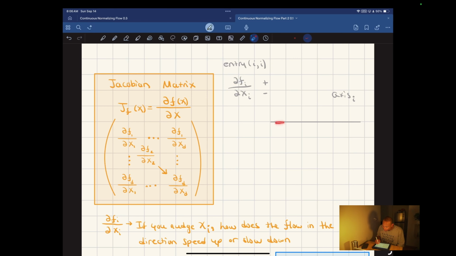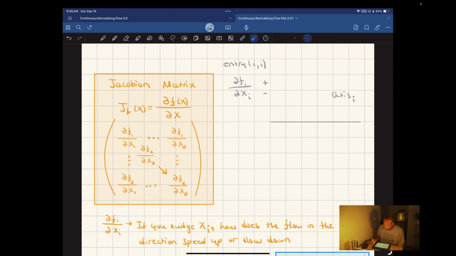So this is saying, as we move along an axis, as we do a tiny nudge in position, how does the velocity change relative to that nudge, right? So if this value is positive, that means we have velocity of some magnitude, and particles are expanding away from each other, right? So that means the density is decreasing.